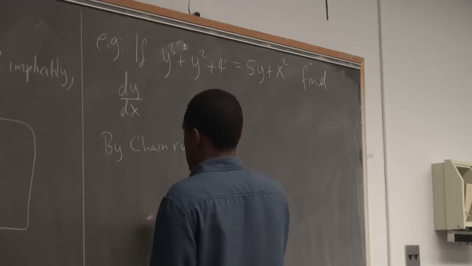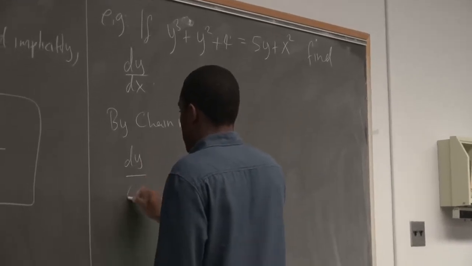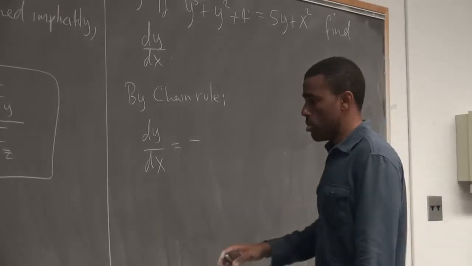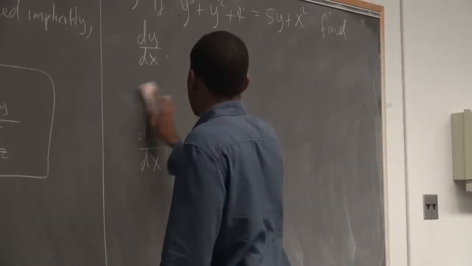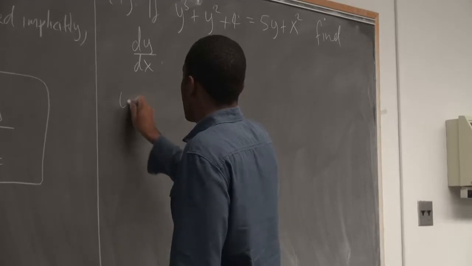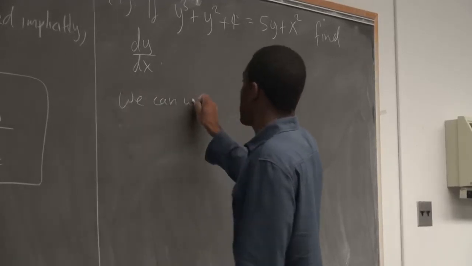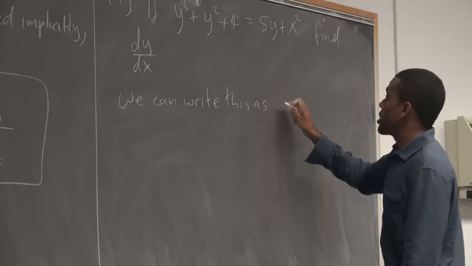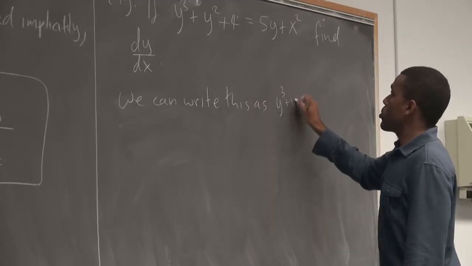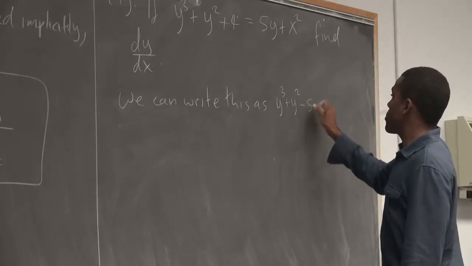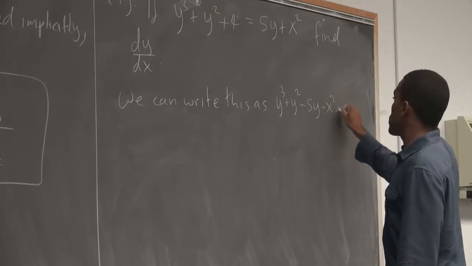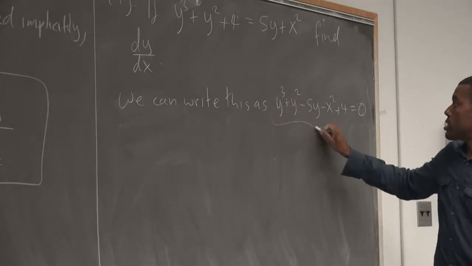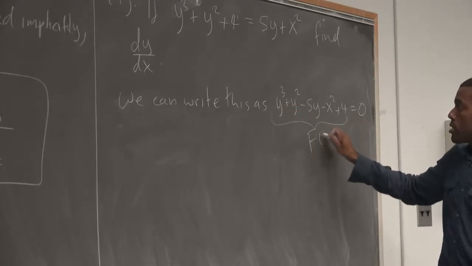By the chain rule, dy dx is just going to be equal to the negative of... let me rewrite it first. So you can see, we can write this as y cubed plus y squared minus 5y minus x squared plus 4 equals 0, right? And then I can take this as the f.